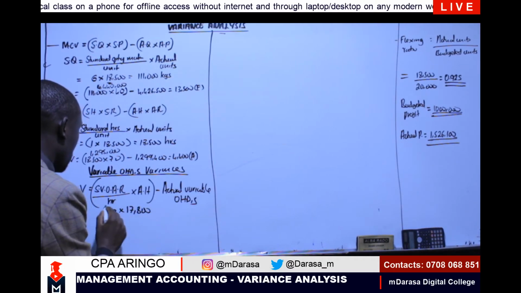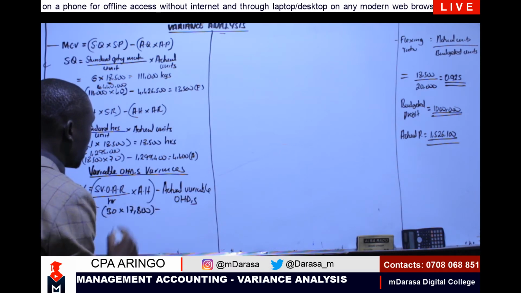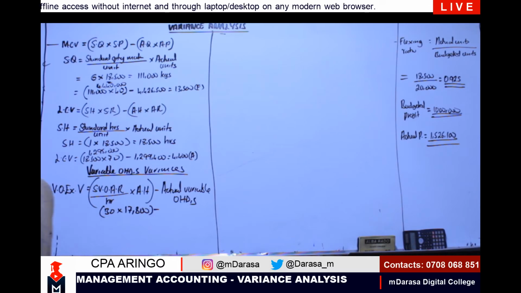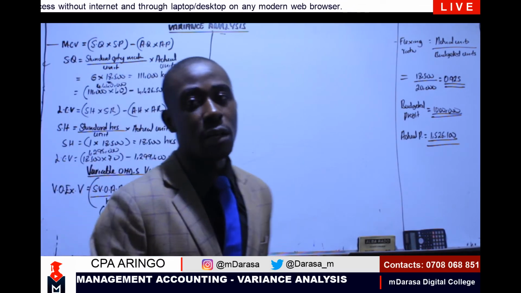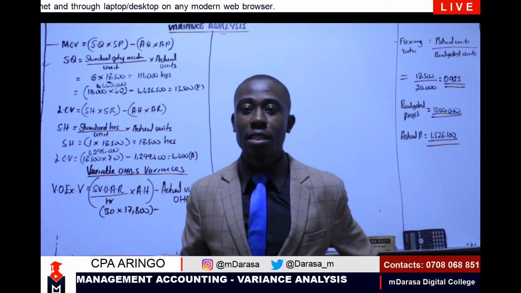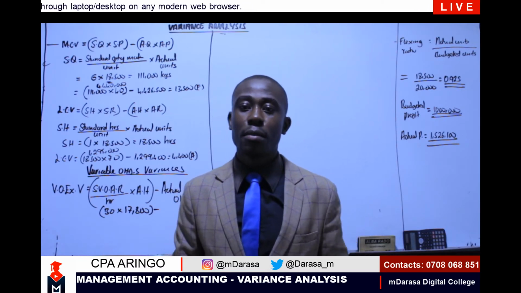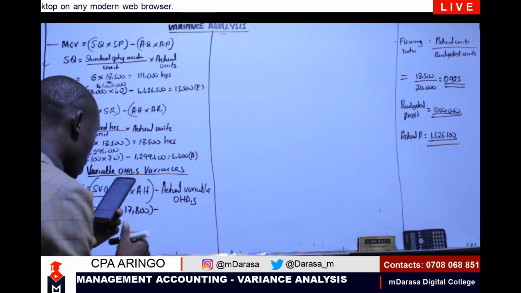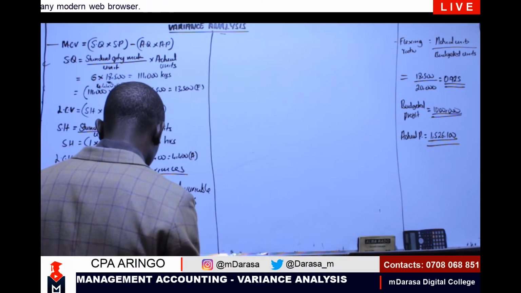Minus our actual variable overheads. The beauty part of it is that the examiner had given us that directly. I was given a figure of 588,000.